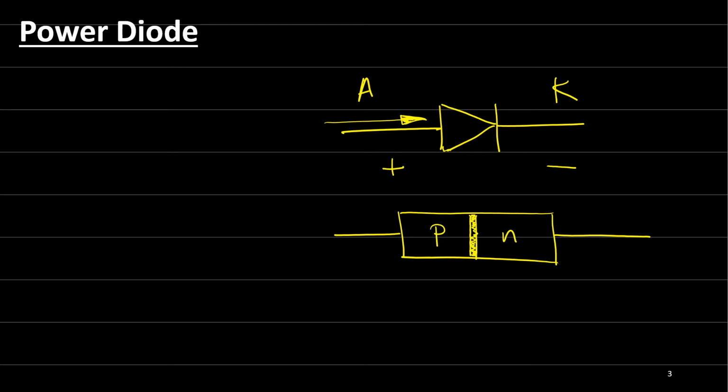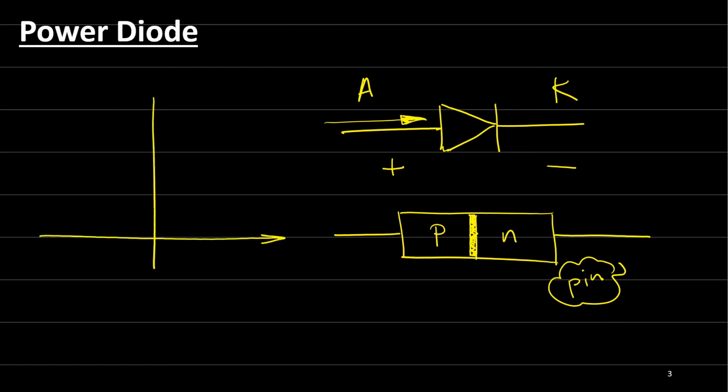If we try to draw the characteristic curve of the diode, you will find that here is the current ID, and here we have the voltage. If the voltage applied is positive, then the current is flowing. If there is no voltage, or the voltage is negative, then there is no current.